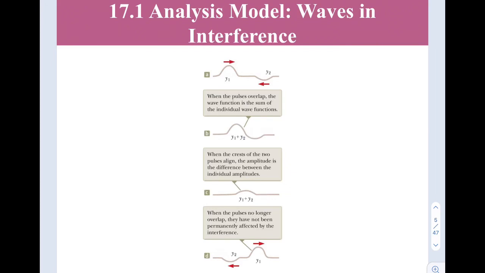The whole part here is destructive interference. Interference means how the waves interfere with each other. It is destructive because the resultant is less than the amount of the individual wave.